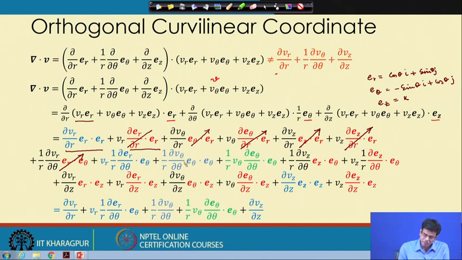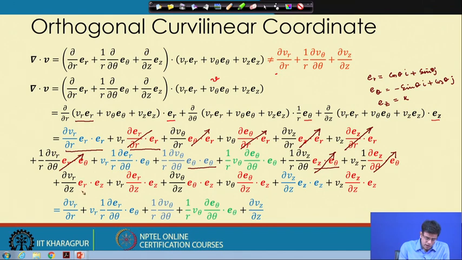Similarly, del V theta d theta, E theta dot E theta will be 1, and del E theta del theta will not be 0 because E theta is a function of theta. E z dot E theta will be 0 because it is an orthogonal system. Now similarly del E z d theta, E z is not a function of theta, so this term will be 0.